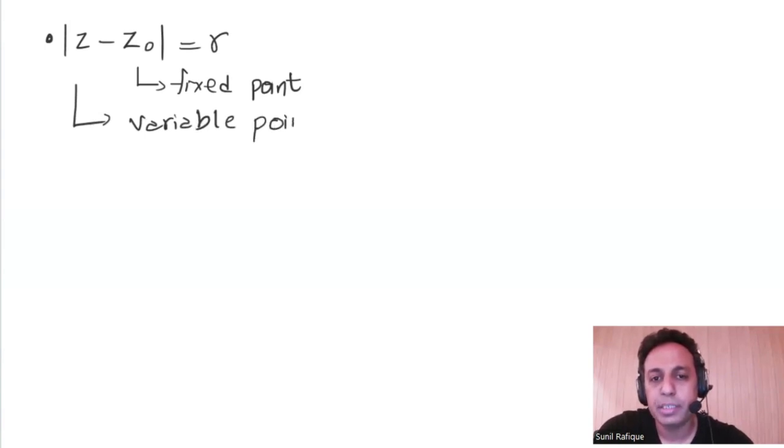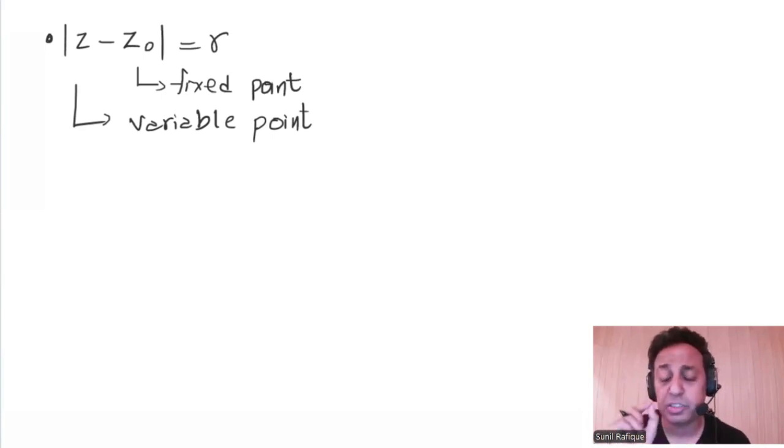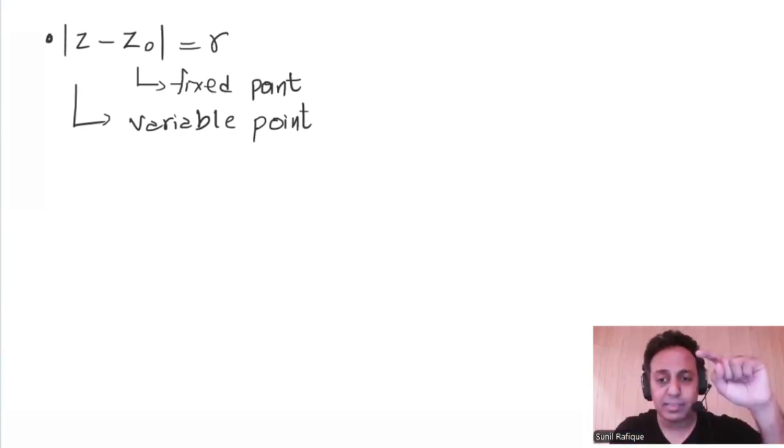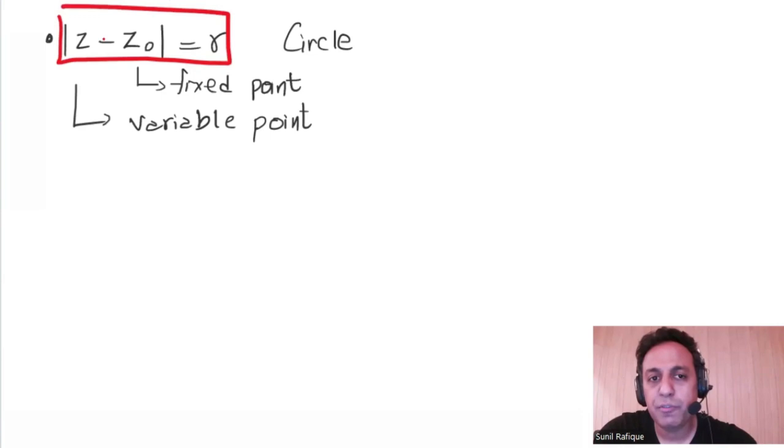By the definition of the modulus of the difference, it means it's the distance between a fixed point and some variable point, which is always equal to r. Does that ring a bell? It's going to be a circle in an Argand plane. So let's highlight this, and I'm going to give you an example just to make you understand why this is a circle. Remember, you do not need to explain this in the exam. The only requirement is to apply them in the questions.